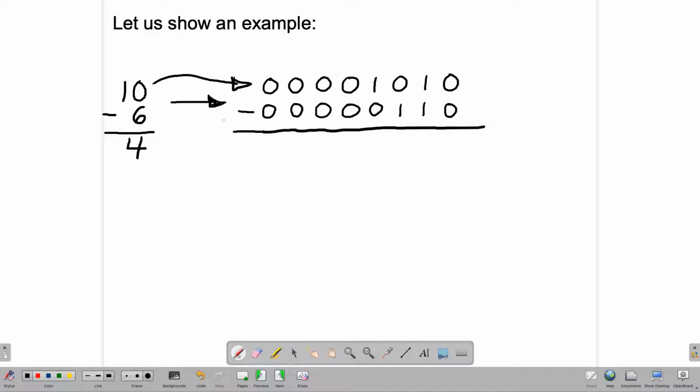And we want to subtract the value 6. So we take the value 6 and convert it to binary, and we have the value 0, 0, 0, 0, 0, 1, 1, 0. And what we're going to do is actually perform binary arithmetic.